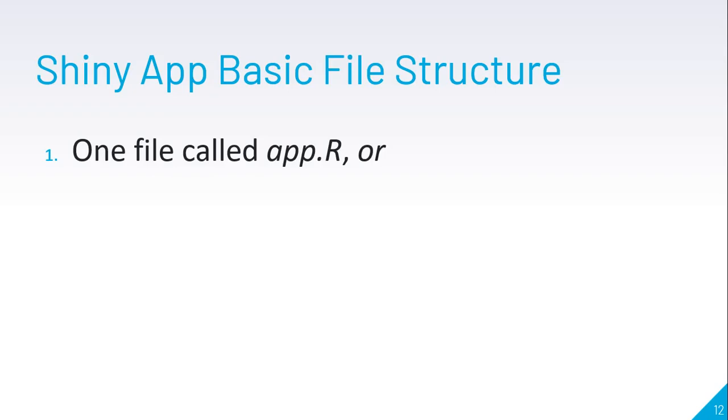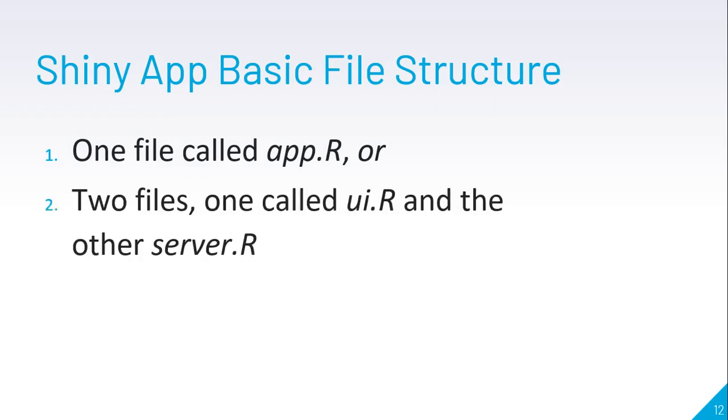All the code that runs your application is in app.R. Or the two-file structure, where we have ui.R and then server.R. Take care of the spelling, there should be these spellings, UI and then server.